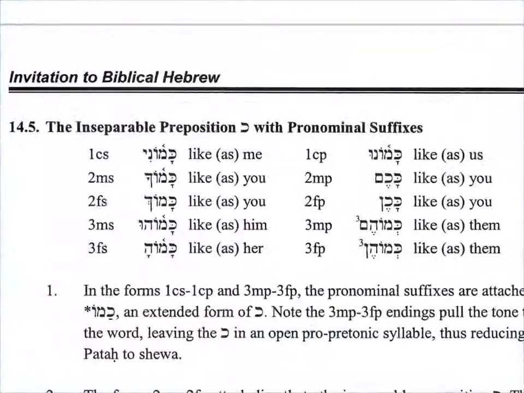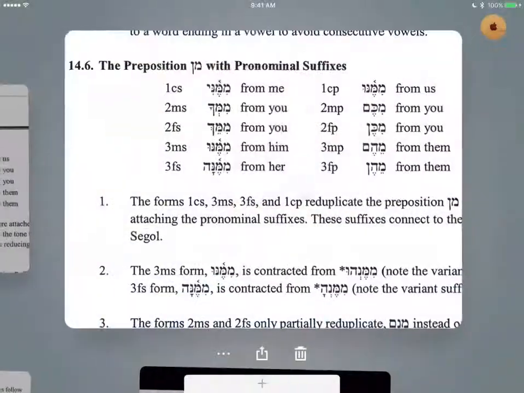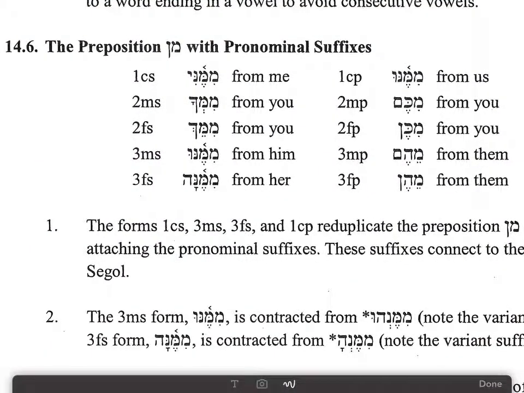And then finally we get another odd bird with the min preposition. With this one, we have another proto form, or what we would rather call a reduplication. So what we in essence have is men, being what we call reduplicated.